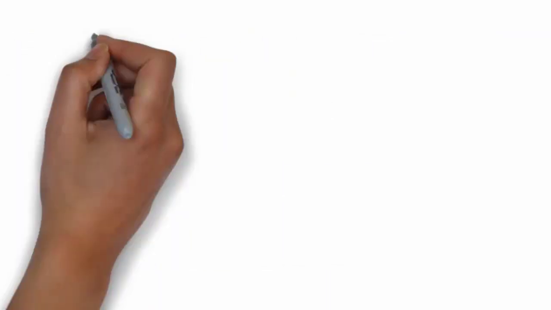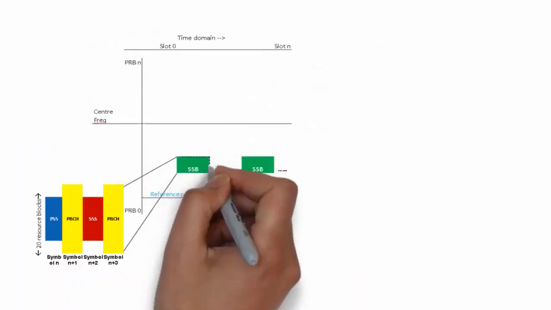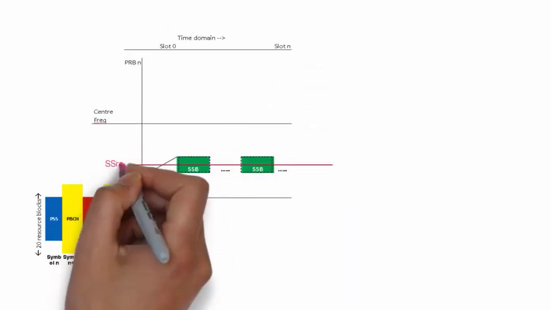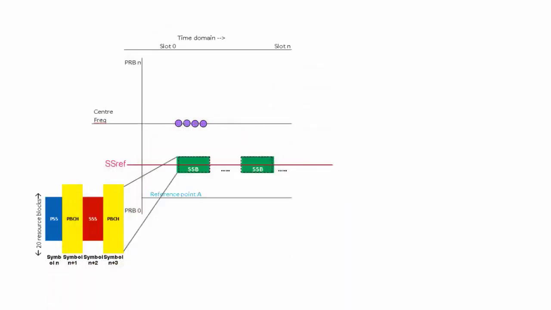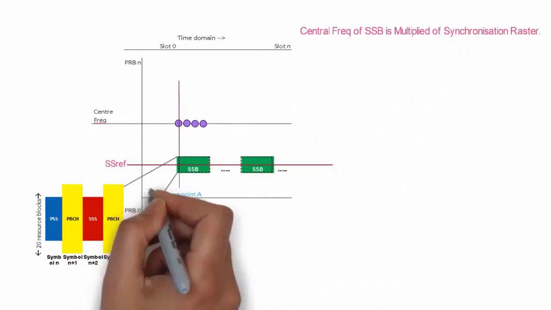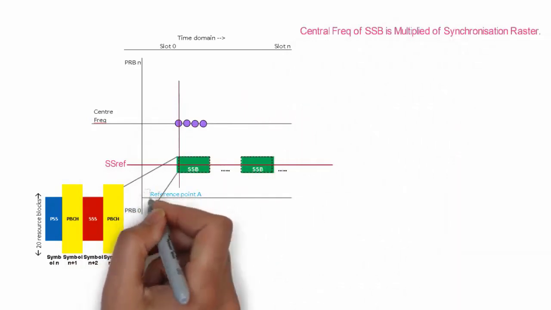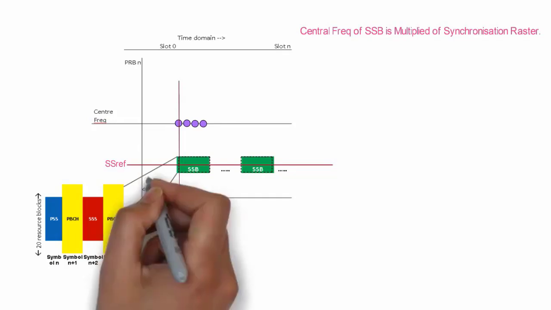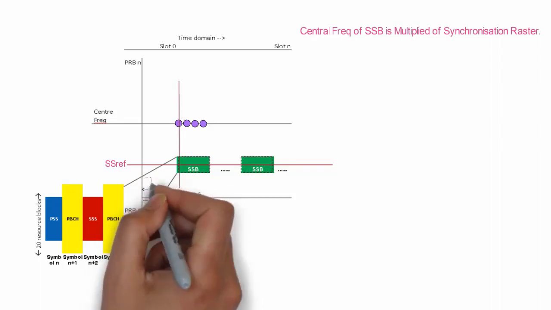Now in this image, the SSB block is available at this point; this is the frequency domain and this is the time domain. The center frequency of SSB is a multiple of the synchronization raster. Again I am telling, the central frequency of SSB is a multiple of the synchronization raster.